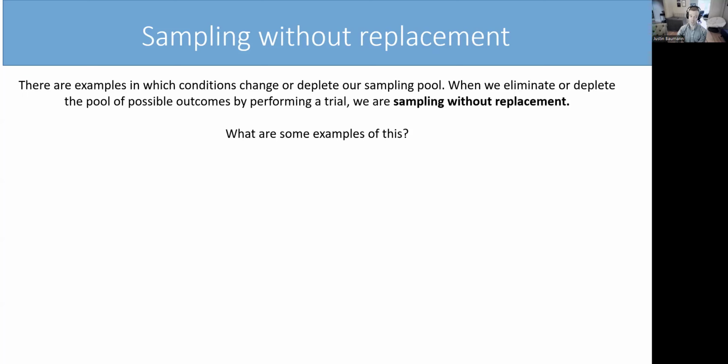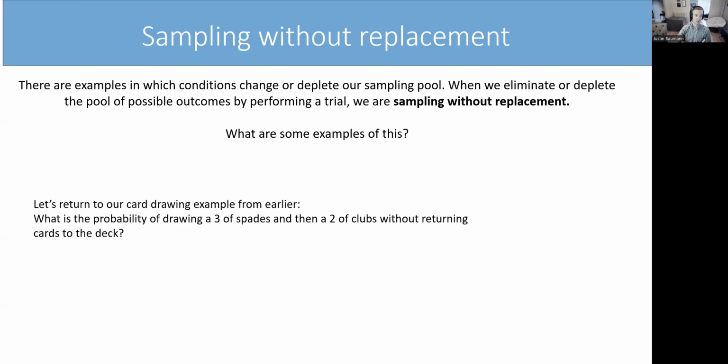There are examples in which we have sampling without replacement. Our sample pool goes down every time we pull a sample. Our example is the card deck. What's the probability of drawing a 3 of spades and then a 2 of clubs without returning cards to the deck? The probability of drawing a 3 of spades that very first time is 1 in 52. The probability of drawing a 2 of clubs is dependent upon the first card being drawn.